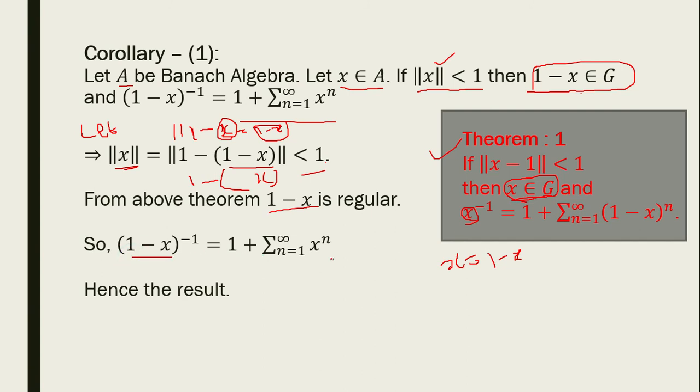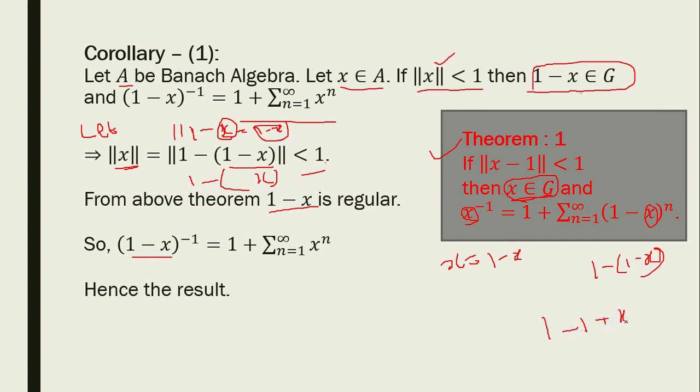So 1 minus 1 plus x, this cancels, is equal to x. So x raised to n, hence the result.